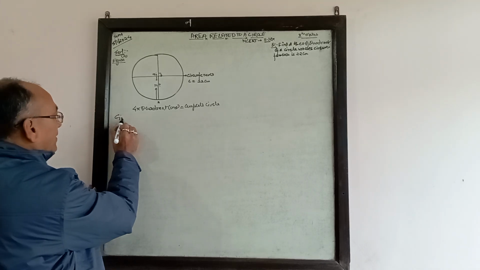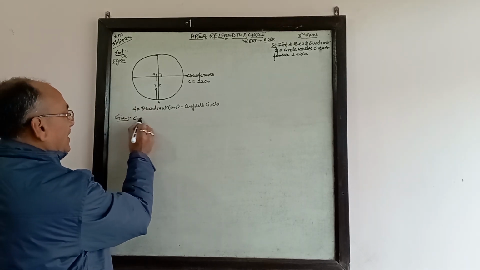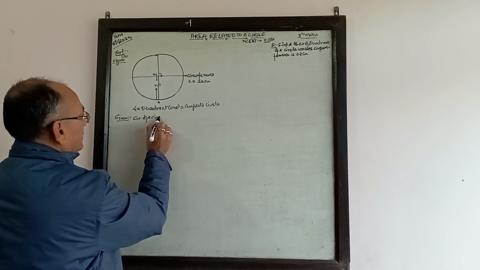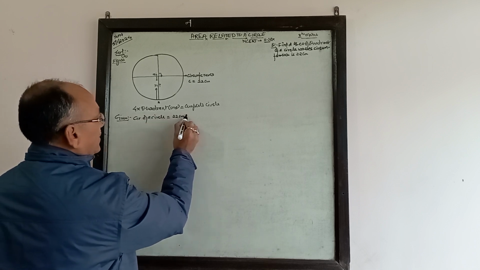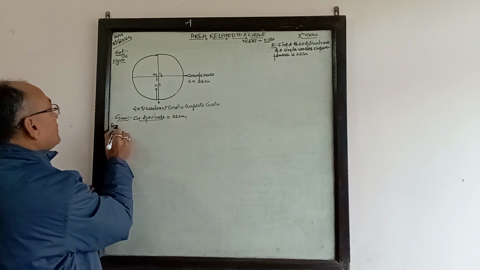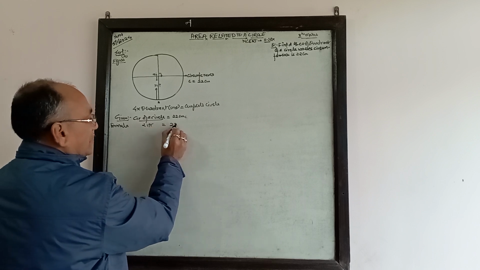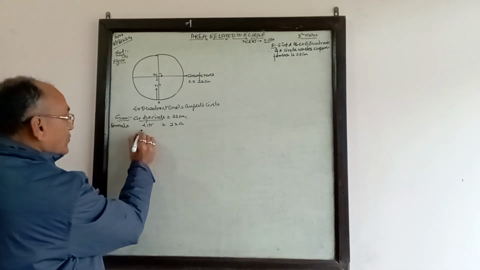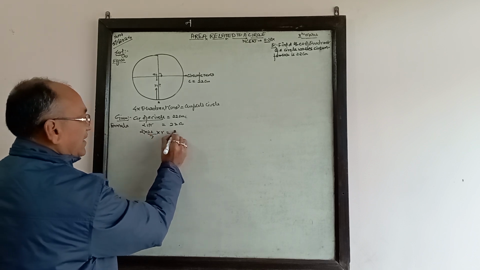You have to write here given: circumference of a circle is equal to 22 centimeter. Then the formula: 2 pi r is equal to 22 centimeter.